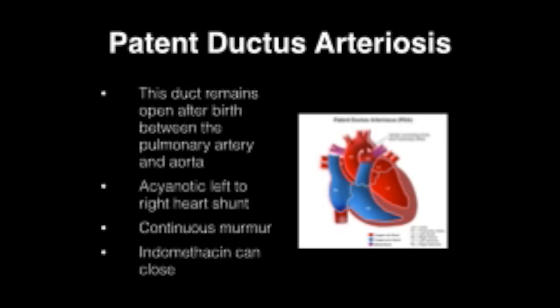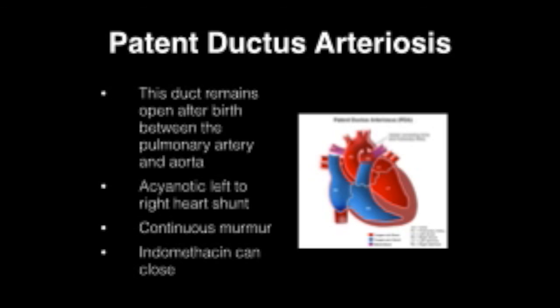This is characteristic of a continuous murmur, meaning it occurs in both systole and diastole. The boards love to dwell on that. Indomethacin can be used to close this. It's usually the first-step approach, and it exploits the mechanism of NSAIDs in that they inhibit prostaglandins.